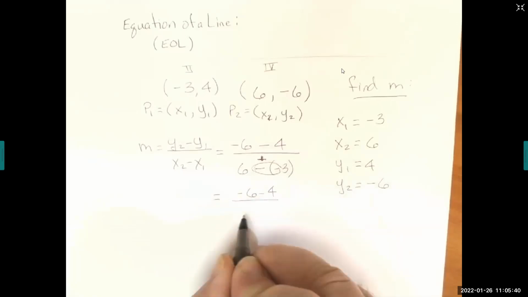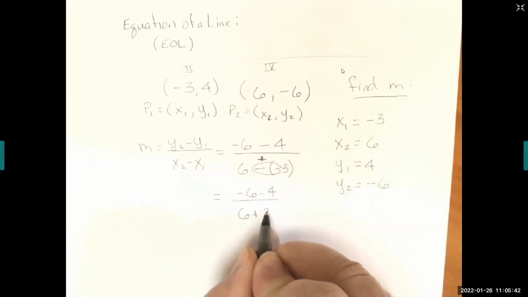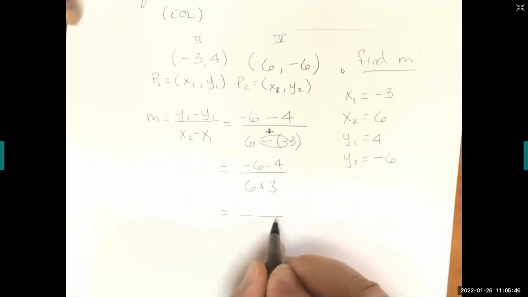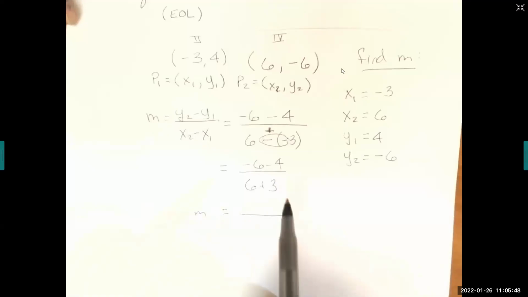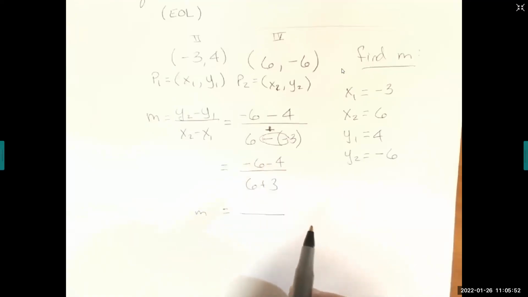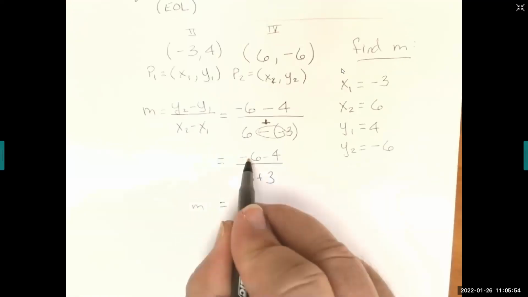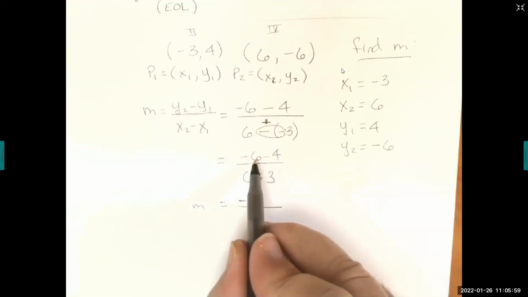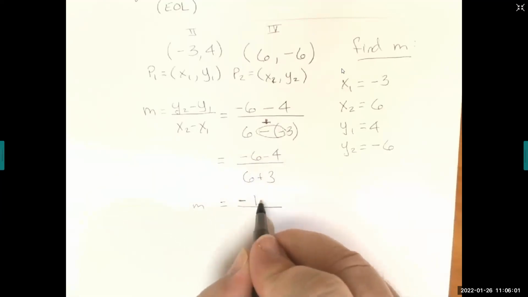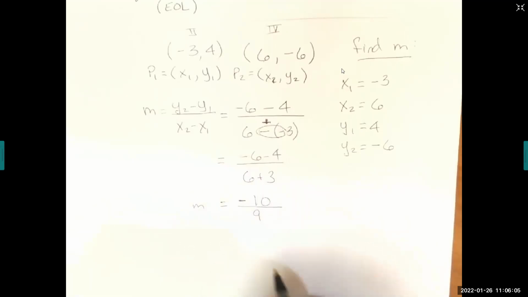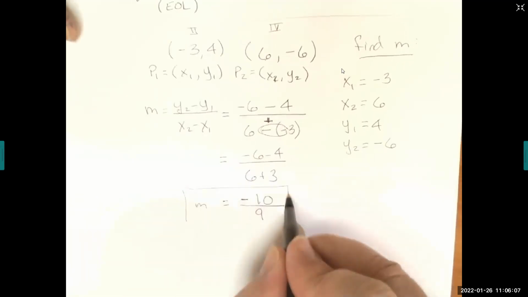So negative 6 minus 4, and 6 plus 3. What is negative 6 minus 4? Yes. Since both of the signs are negative, the answer is negative. Add the numbers. 6 plus 4 is 10. 6 plus 3 is 9. And there's your slope.